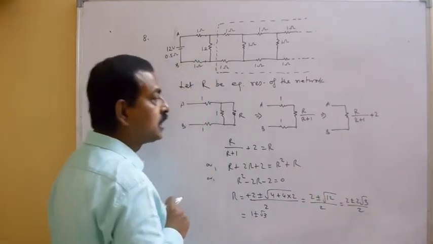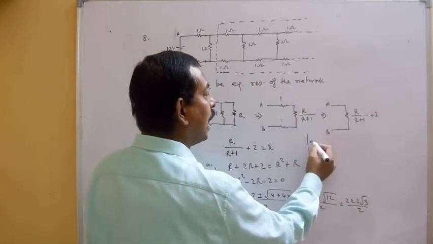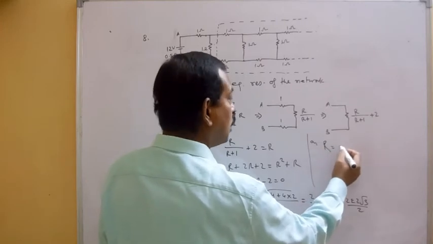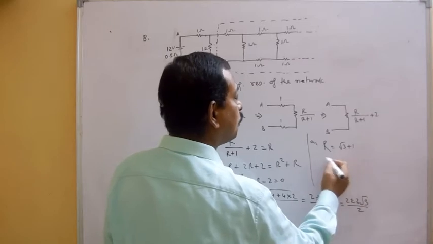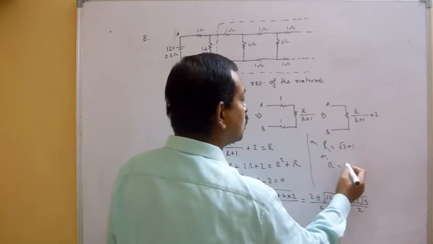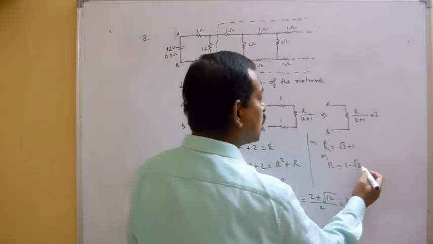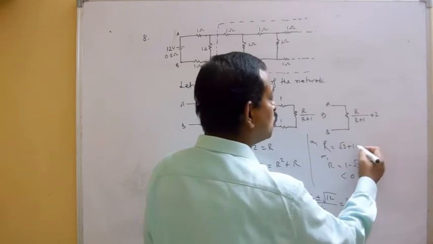So it means two values are possible. Either R is equal to root 3 plus 1, or R equals 1 minus root 3. This is not possible because this will be less than 0. So only the first is possible.